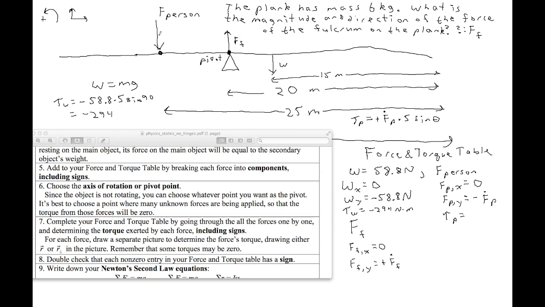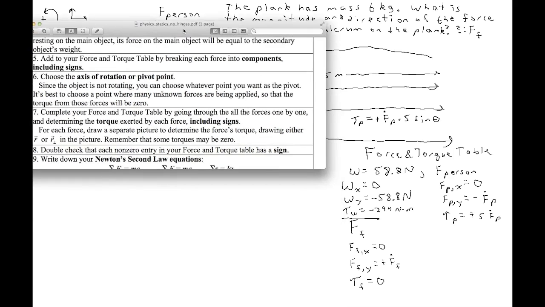So now we're using the person over here. So that's 5 meters because that would be 25 minus 20. So that would give us positive 5 F person. Okay, good. And then we have to do the torque from the fulcrum. So that would be 0. That's right. That would be 0 because R for that would be 0.